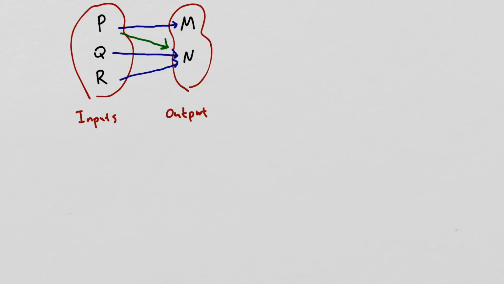So this is an example of something that is not a function. Again, the reason why this is not a function is because an input has multiple arrows emanating from it. In this case, P is assigned to M and P is also assigned to N. This breaks our definition of a function, as inputs can only have one assignment.